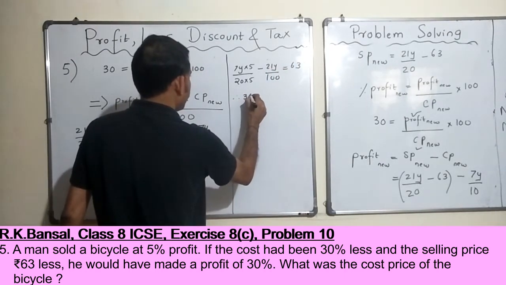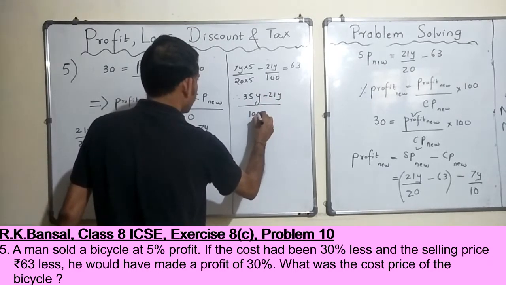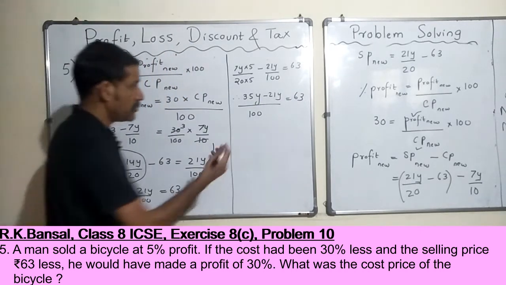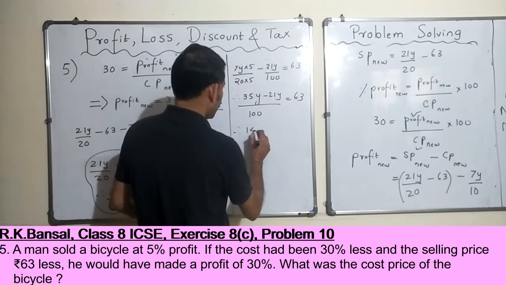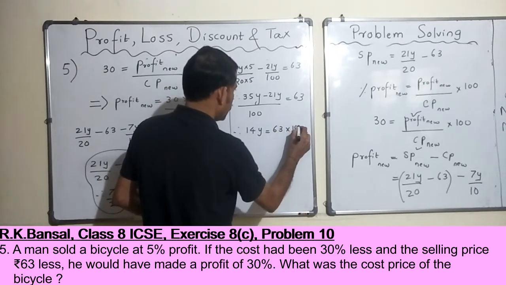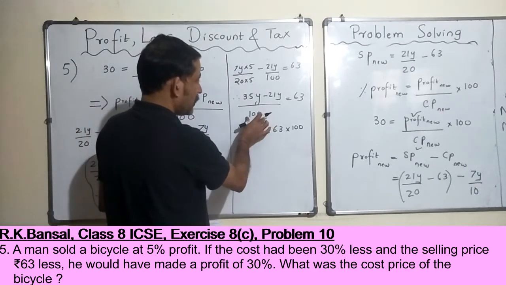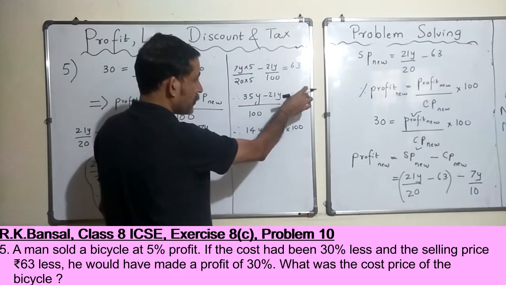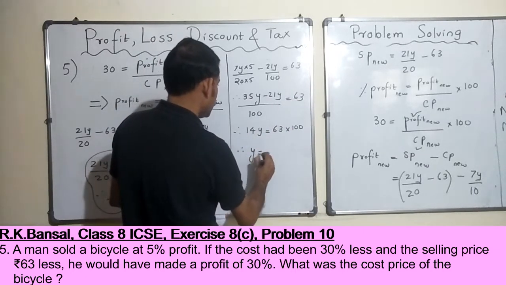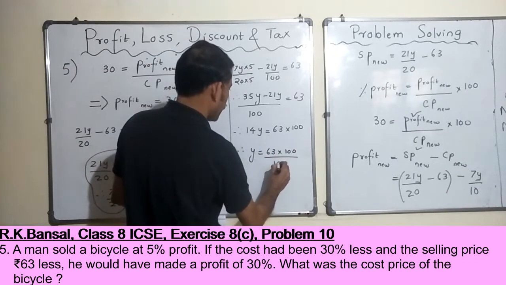Therefore 35y minus 21y over 100 is equal to 63. Understood? Should be pretty simple. Therefore 14y is equal to 63 into 100. When you divide on the left hand side and take it to the other side, it becomes multiplication. So y is equal to 63 into 100 by 14.